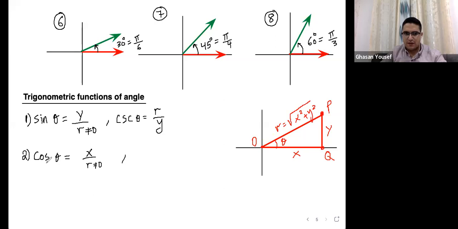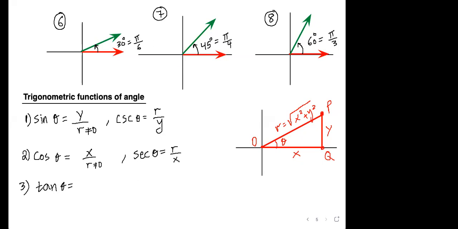The same thing for the reciprocal of the cosine, which is the secant. Secant theta is equal to r over x. Now the third function, I can define it as the tan function. What is the tan equal? Y over x.